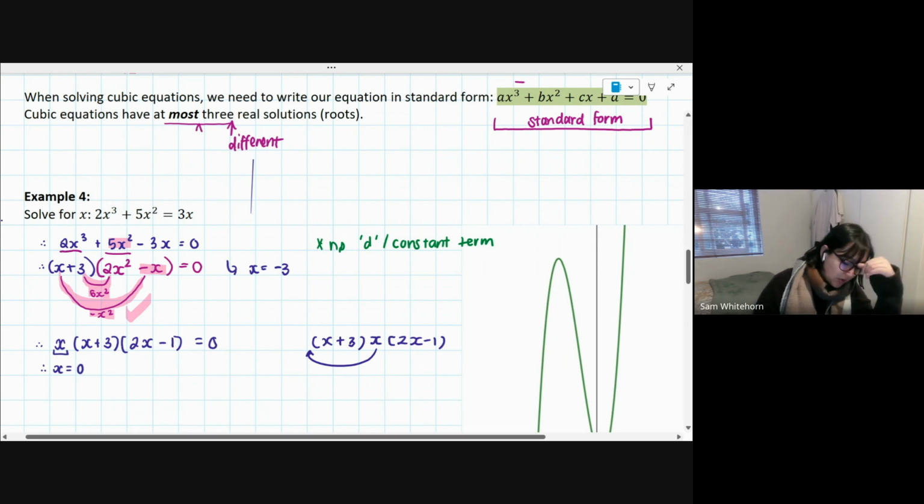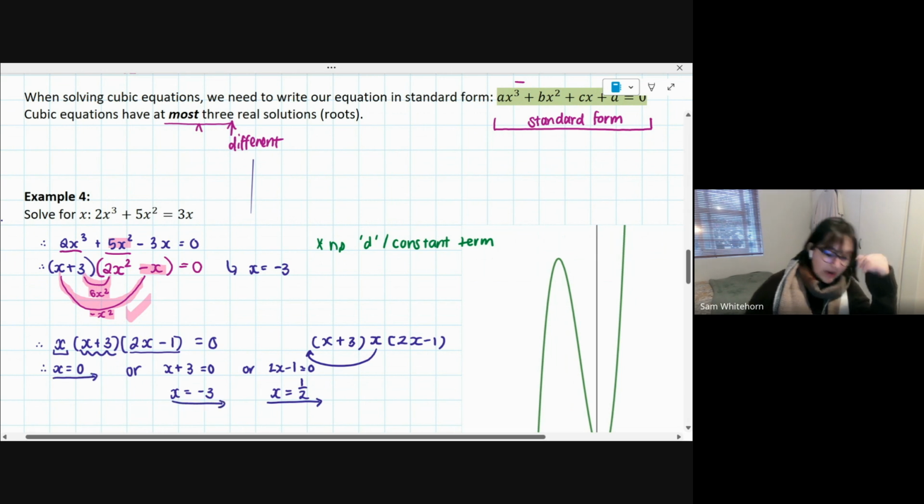Don't really need to do more. Or we now take our second factor, x plus 3 equals 0. So our solution would be x equals minus 3. And then our last solution, 2x minus 1 equals 0. And so x is equal to a half. So we get our 3 solutions for where that equation was equal to 0.